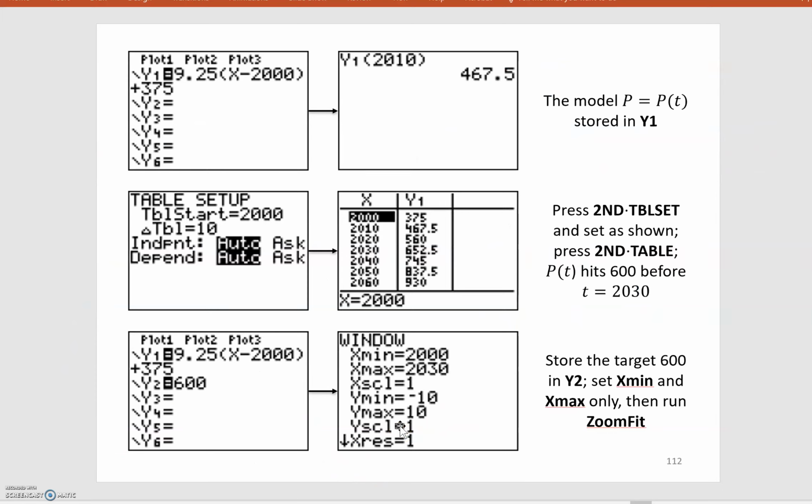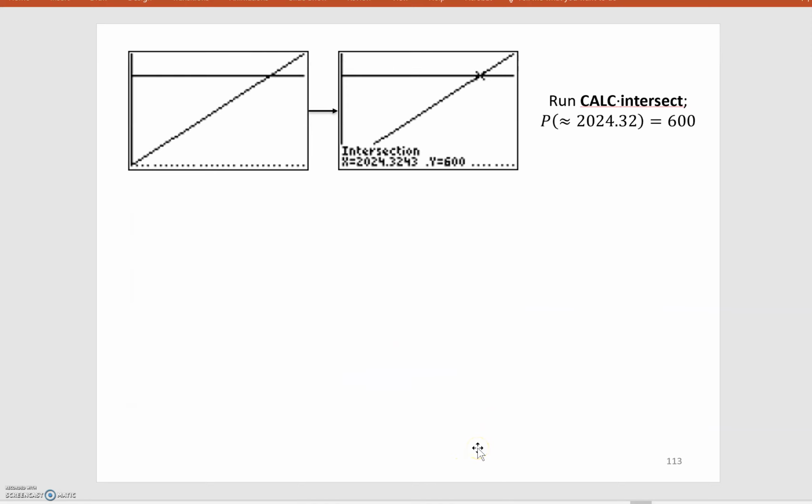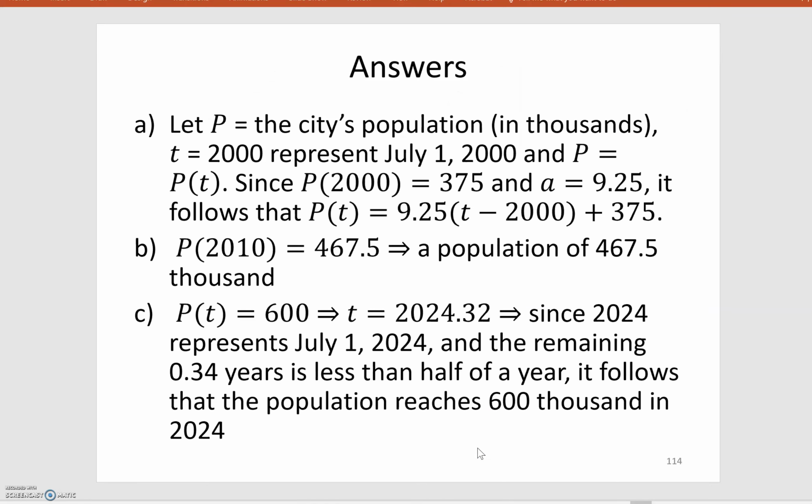If you got lost in any of that, here's a slide that explains this in a little bit more detail, so I encourage you to look at that. And there's our answer, right here.